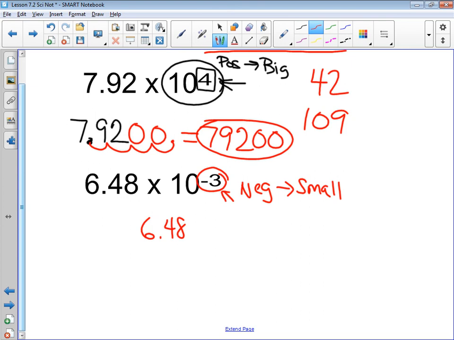And the way you make a smaller number is to go backwards. 1, 2, 3 times. Any empty spaces are filled in with zeros. I've moved it, I've written in the loops, so I'm going to rewrite it so there's no extra stuff. And that's my answer.